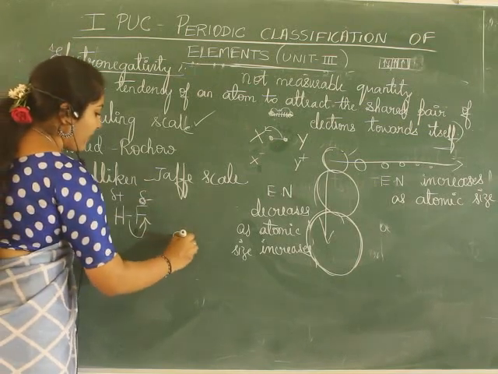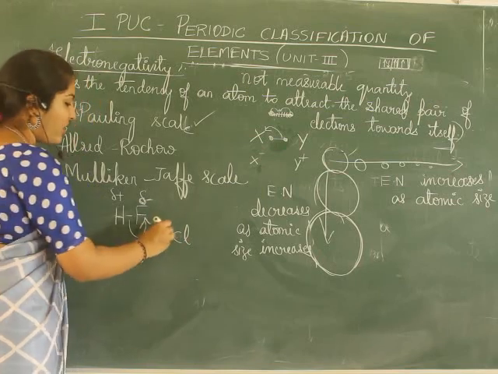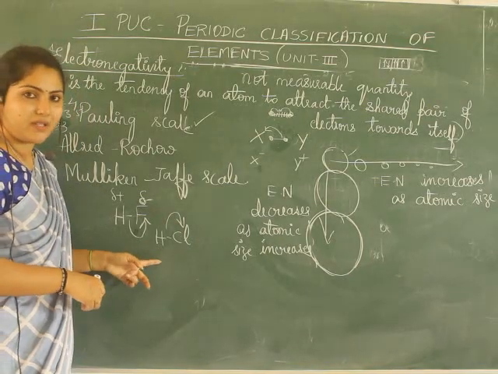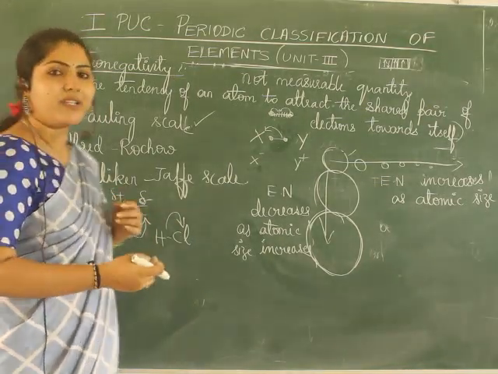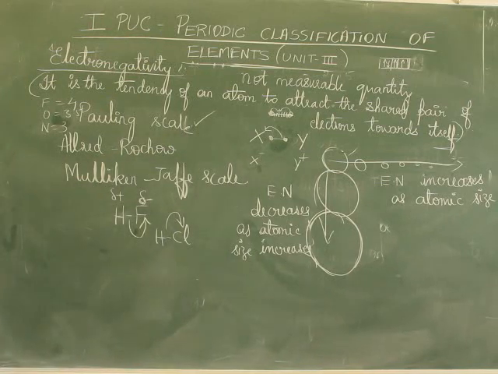Same way, if it is HCl, which will pull the electron? Chlorine will pull the electron towards itself. H will become positive. So this tendency of pulling the electron towards itself is called electronegativity. So no confusion in that case. We will see the rest of the part now.